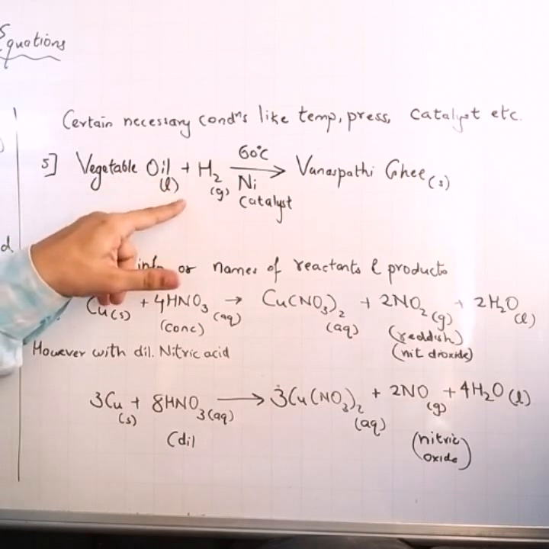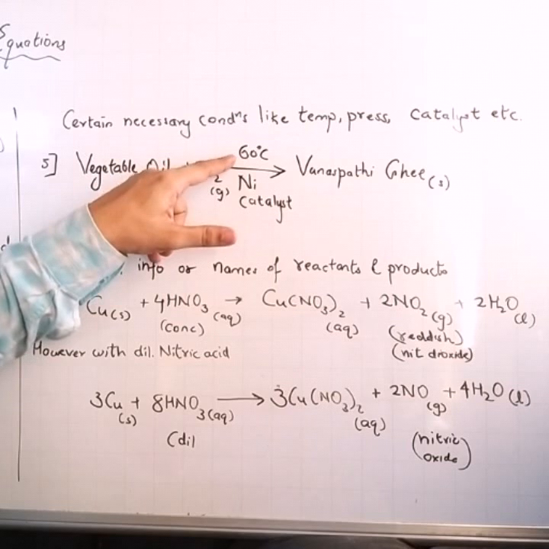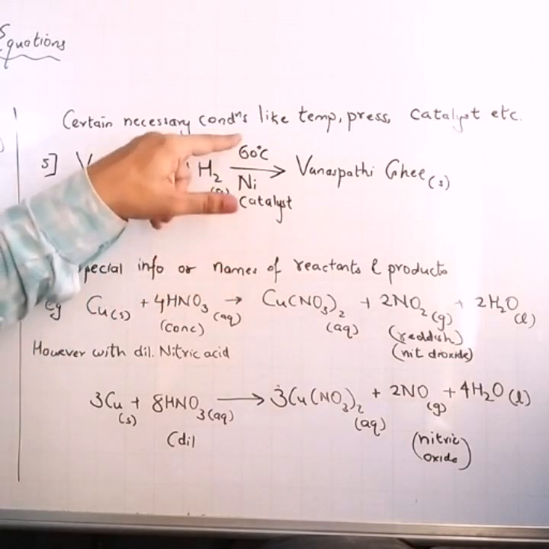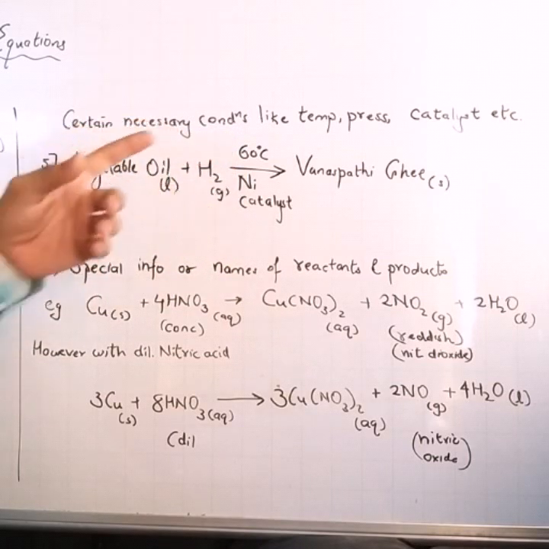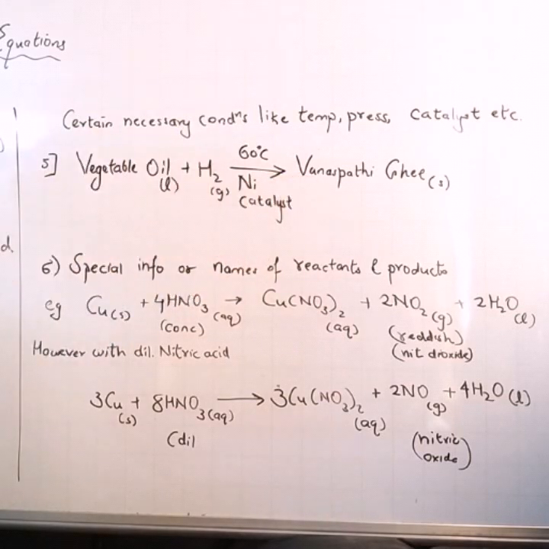Now in this reaction, the temperature has to be maintained at 60 degrees Celsius and a catalyst is added to enhance the chemical reaction. So these things have to be mentioned in a chemical reaction. They are the special conditions which have to be mentioned for carrying out the chemical reactions.